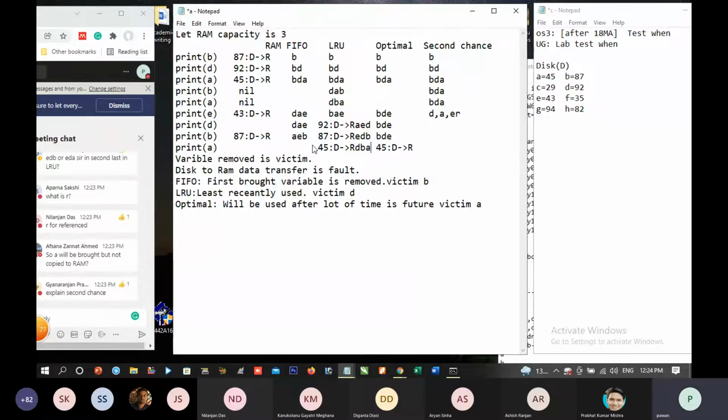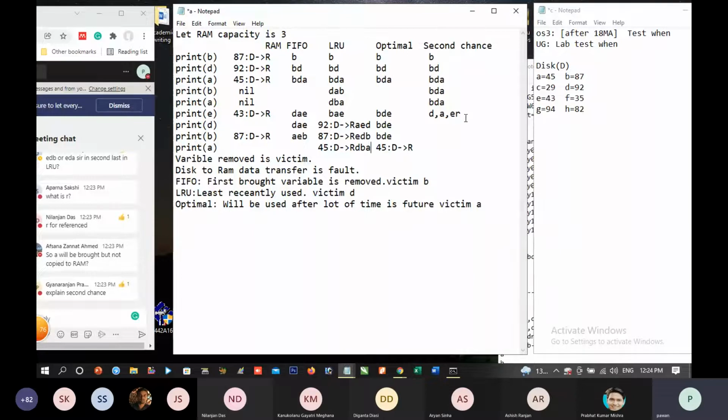I am explaining. Second chance, I am explaining. You see, till the first fault, second chance and FIFO are the same. The first time when the replacement is to be done, it is like FIFO. Now, when E has to be brought in, we shall write ER.